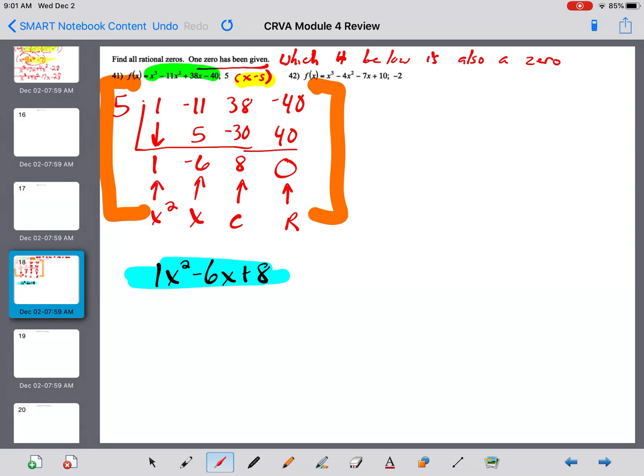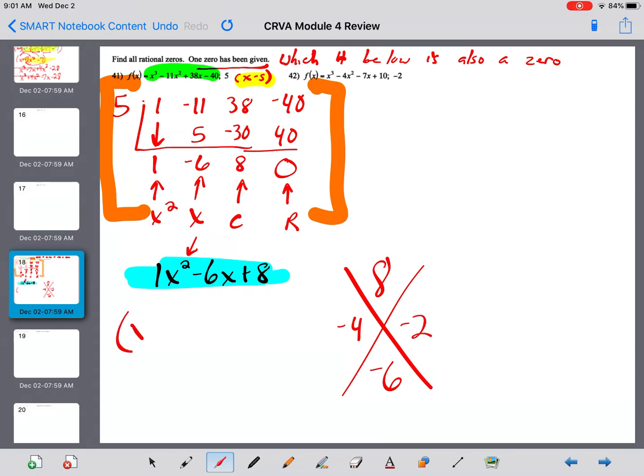Which number below is a 0? Well, this isn't set up as multiple choice. But go ahead and find both the zeros, because there are 2 more, right? Because if our degree is 2, it means there's 2 more zeros coming from this remaining polynomial. Let's try to factor it. Can we factor that trinomial, numbers that multiply to 8 and add to negative 6? That'd be negative 4 and negative 2. So this thing factors to x minus 4 times x minus 2.